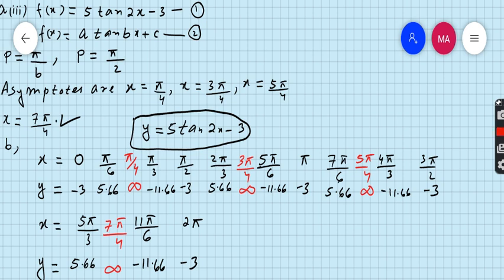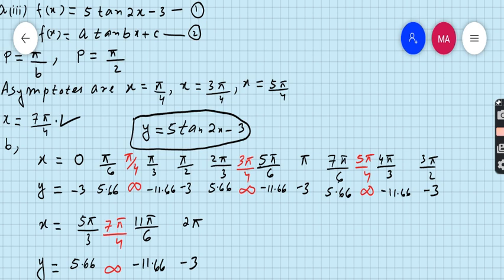I split the graph into 4 steps, in the last part of question number 6. First I drew the simple tan x graph, then the 2x graph, and then the whole function graph, tan 2x minus 3.